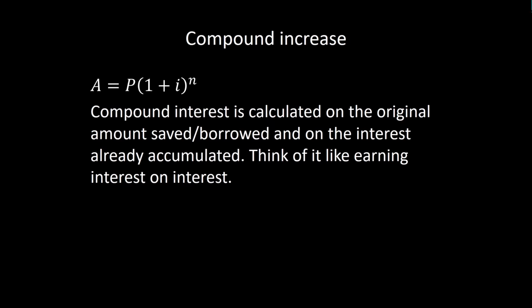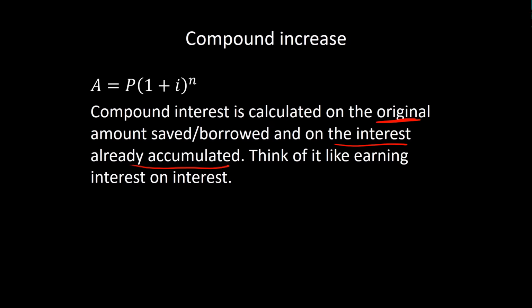However, in compound interest, interest is calculated on the original amount that was invested or in fact borrowed, and on the interest that has already accumulated. So it gives us this idea of earning interest on interest, and this is what makes your money grow faster. If you're thinking about saving and investing, we use compound interest because money grows faster because we earn interest on the actual interest that we've already accumulated.